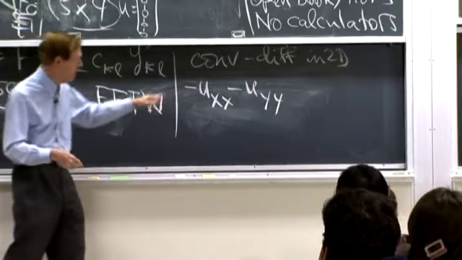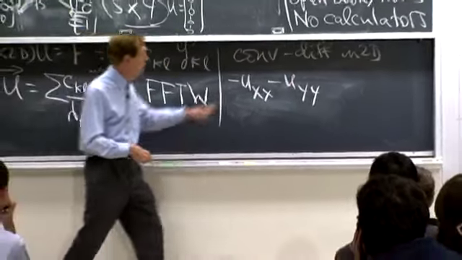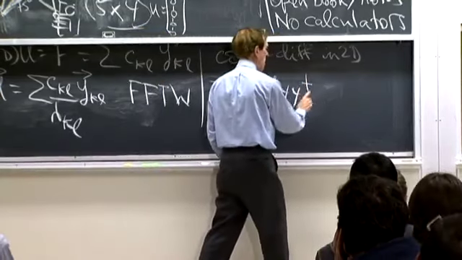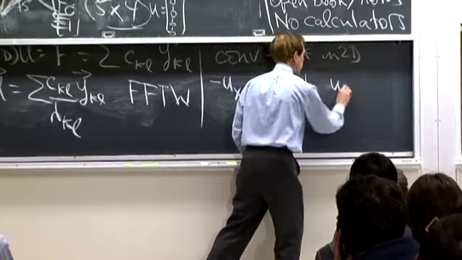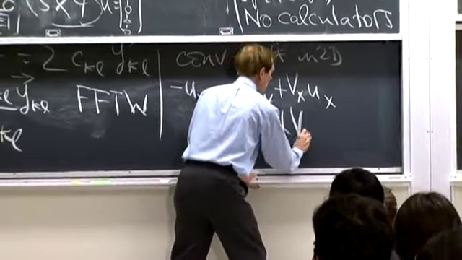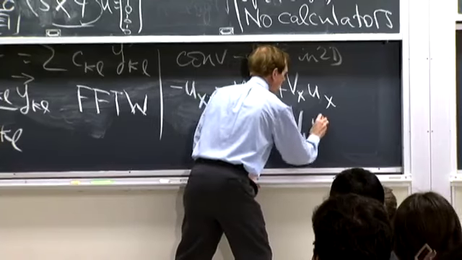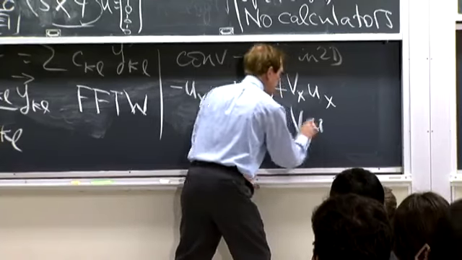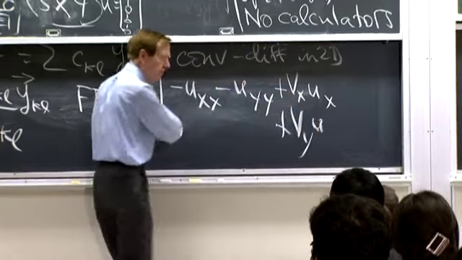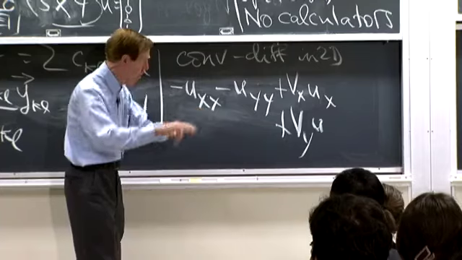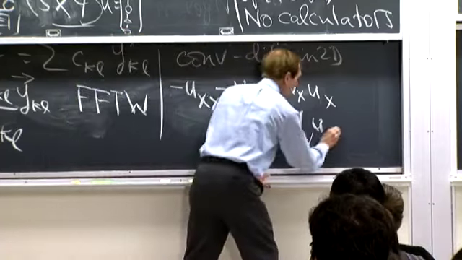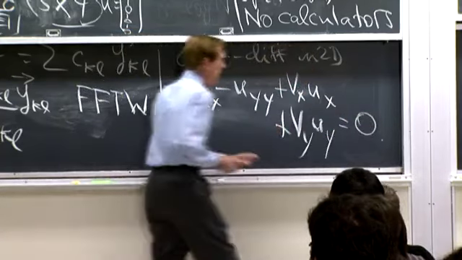It could have a c of x in there. And what would the convection term look like? I'd have a velocity in the x direction, say vx, and a velocity in the y direction, vy, times the derivatives of u. In the simplest case, those are just numbers, my river is traveling along.